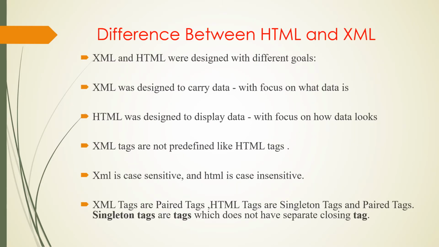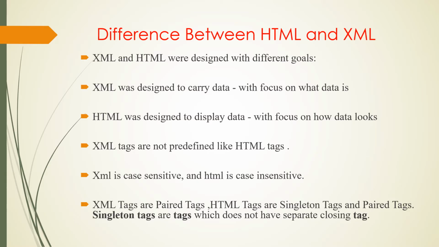Differences between HTML and XML. XML and HTML were designed with different goals. XML was designed to carry data with focus on what data is. HTML was designed to display data with focus on how data looks. XML tags are not predefined like HTML tags.